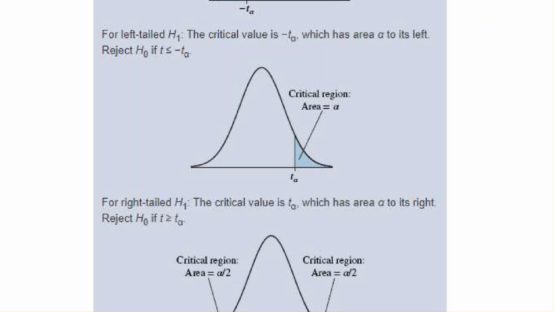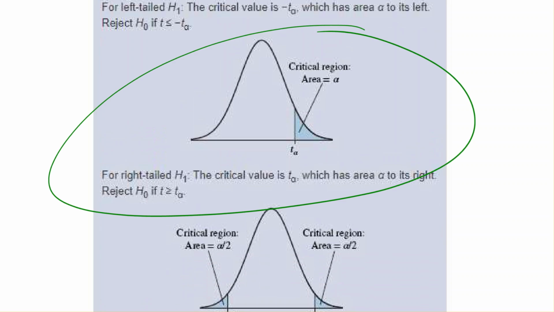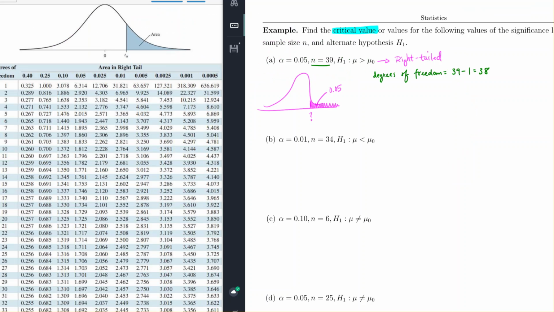Now looking back at our chart, we can see for a right-tailed hypothesis test, the area to the right is equal to our significance level alpha. So this area is 0.05. Now on the left side of the screen, I've brought up the chart so we can see both at the same time.